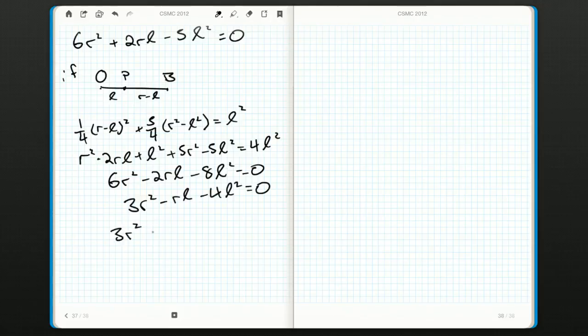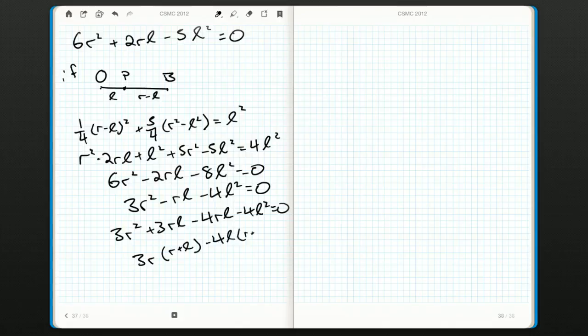It's 3r squared plus 3rl minus 4rl minus 4l squared equals 0. So that's 3r, r plus l, minus 4l, r plus L equals 0. So we get r plus L, 3r minus 4L equals 0. And the question is, can that be solved?